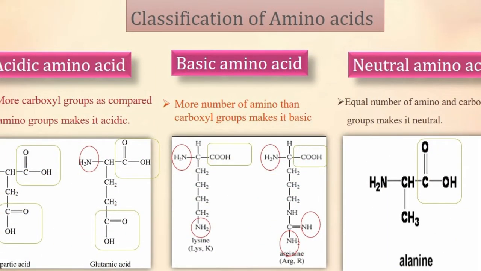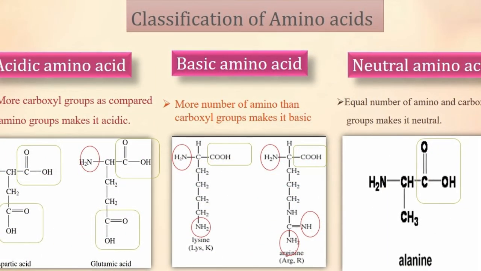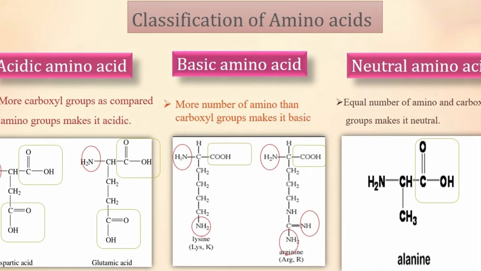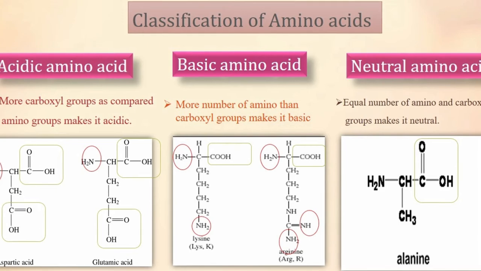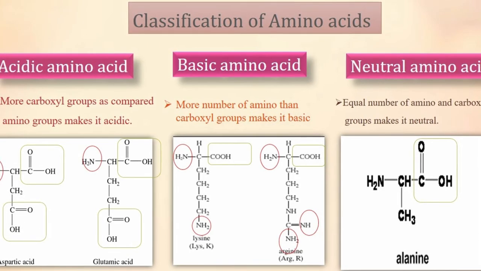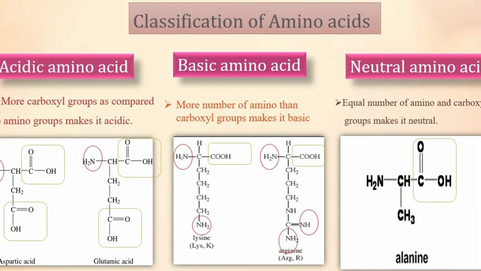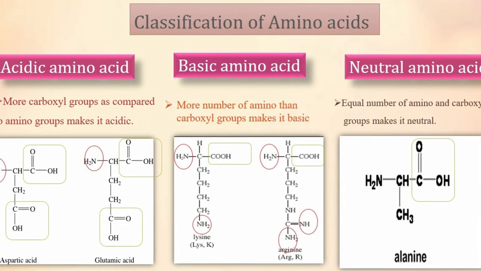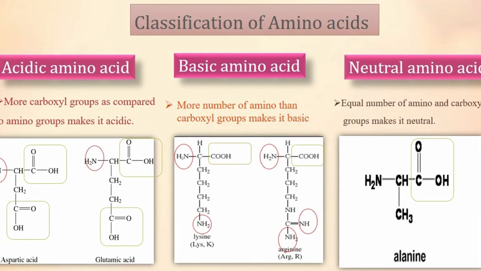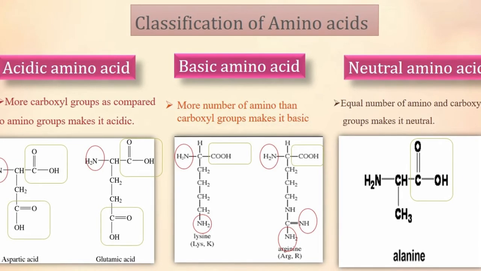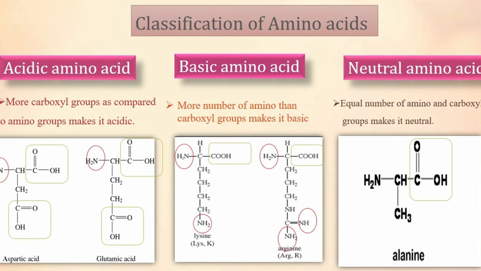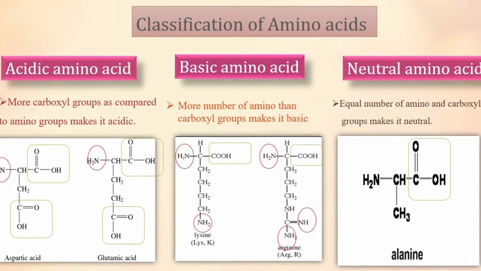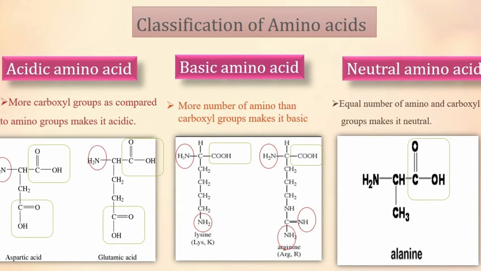Amino acids are classified as acidic, basic, or neutral amino acids depending upon the relative number of amino and carboxyl groups present in that molecule. In acidic amino acids, the number of carboxyl groups will be more compared to the number of amino groups.